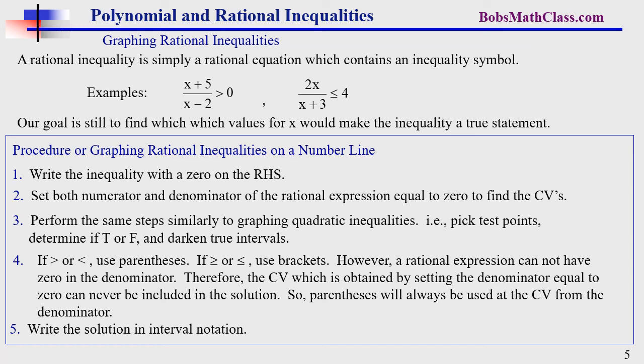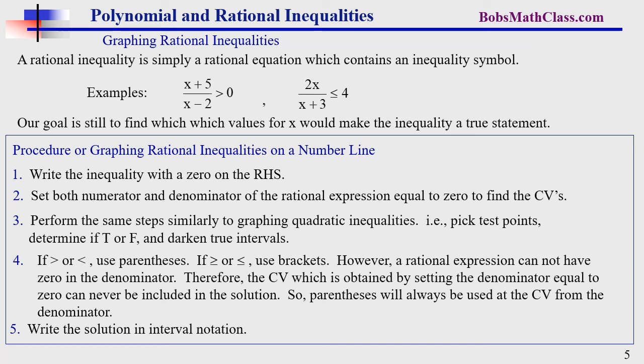Brackets are used to include that number in the solution, but we can't have 0 in the denominator. What is it called when we have 0 in the denominator? Right, it's called undefined. So whatever number we obtain from the denominator is always going to be parentheses.